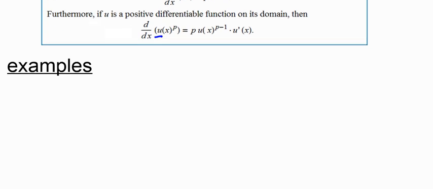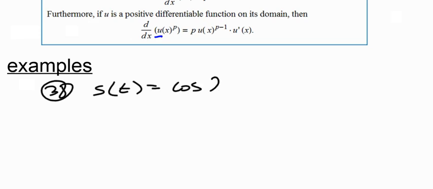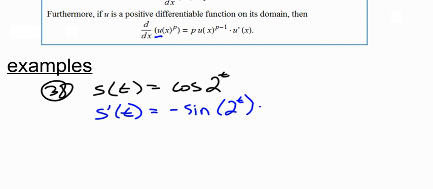We're going to do number 38, where they're giving it s of t is equal to cosine of 2 raised to an exponent of t. So I'm going to go ahead and take this derivative. I've got to do the outside function, and I'm going to multiply it by the inside function derivative.